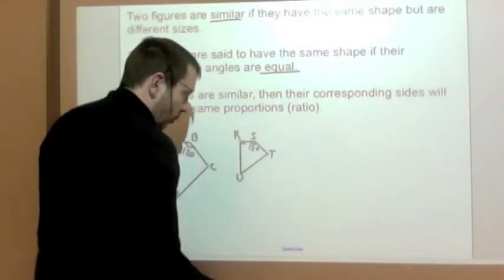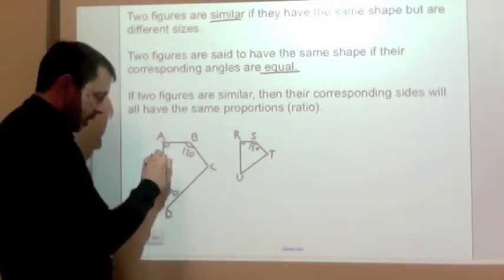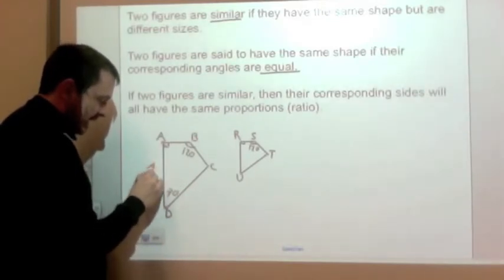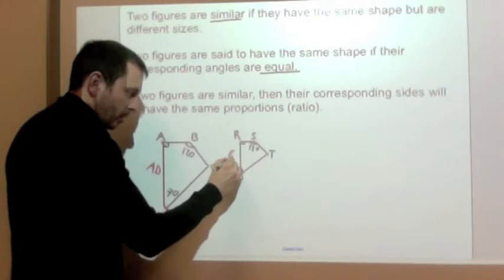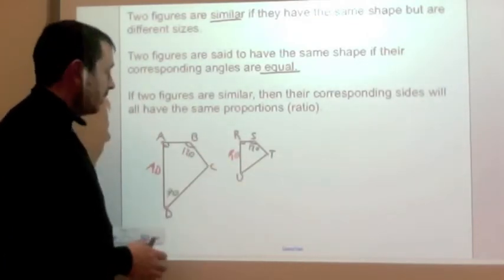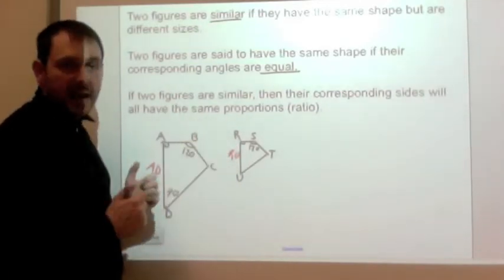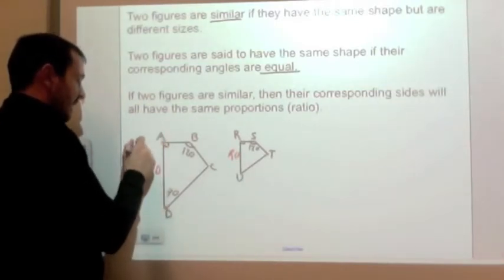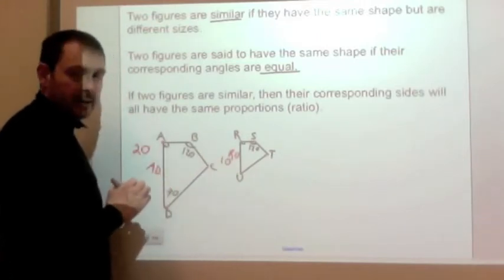So, corresponding sides. Notice this long, straight one on the left. We'll call it AD because it goes from A to D. So this is side AD. It will correspond to RU. Okay, left, left. So the corresponding sides will have the same proportions. Let's say this one here is length 20 and this one's length 10.